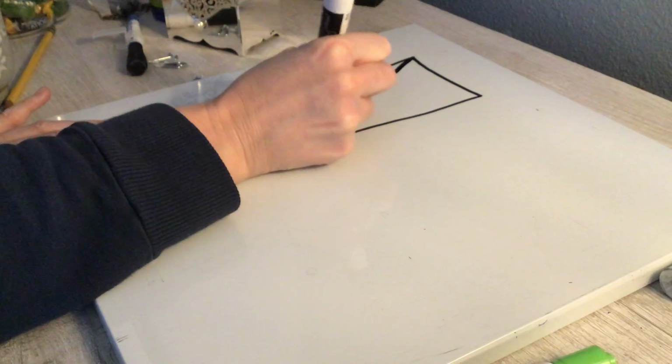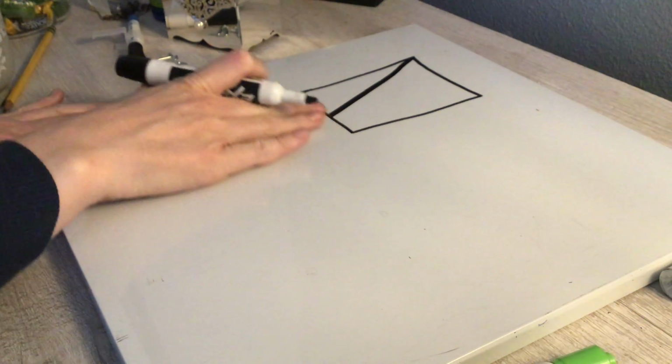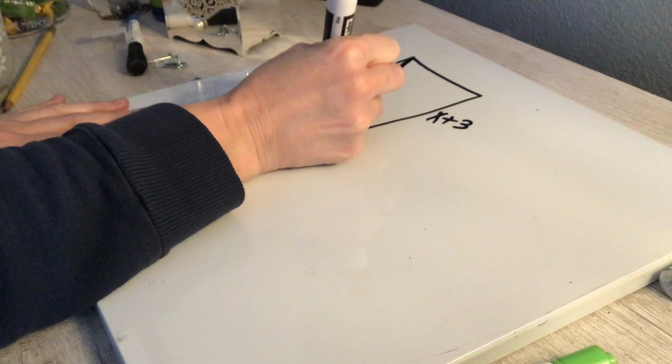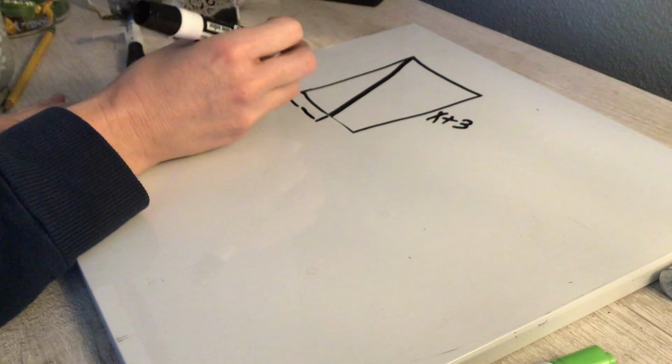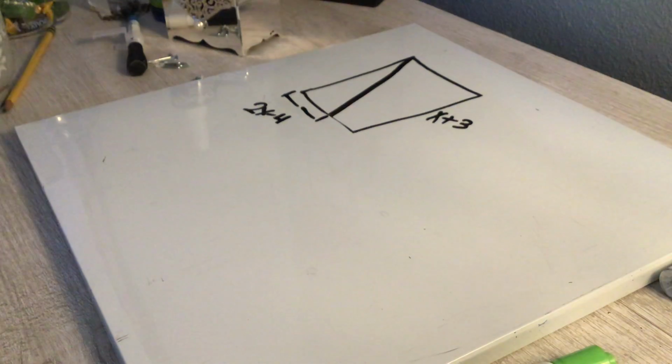So this length is x plus 3. Okay. And then, actually, let's see, we're going to label it here. And then this little piece here is going to be 2x minus 4. So we want to find the probability that if you toss a coin at this whole region, it's going to land in the triangle.